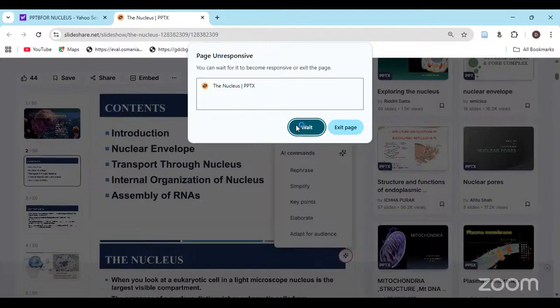Cell division: the replication of DNA to ensure genetic continuity during mitosis and meiosis. And next, ribosome production: the nucleolus produces the subunits of the ribosome required for protein translation. This is the function of the nucleus.